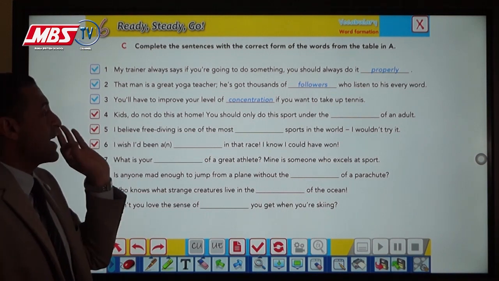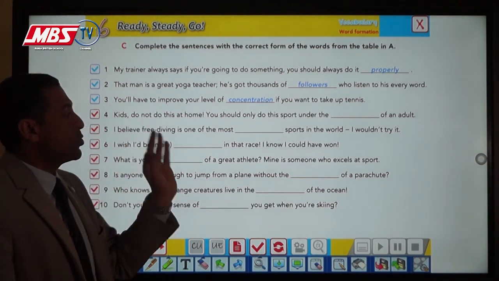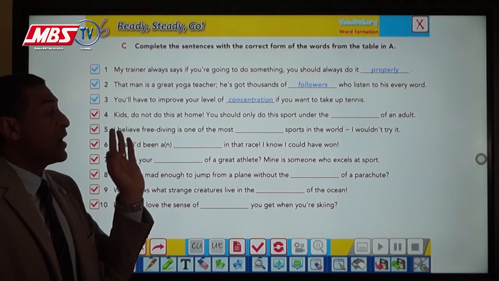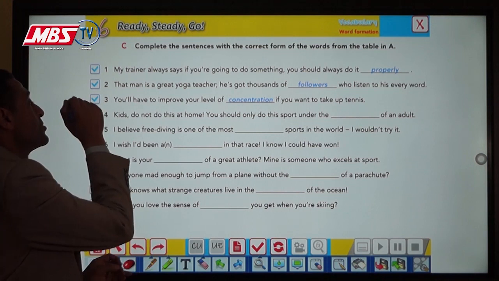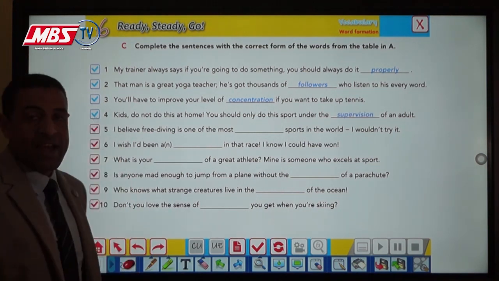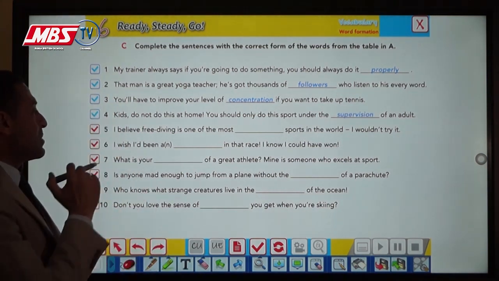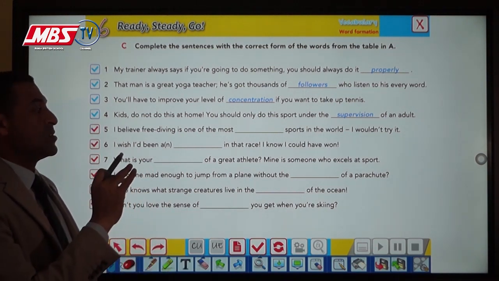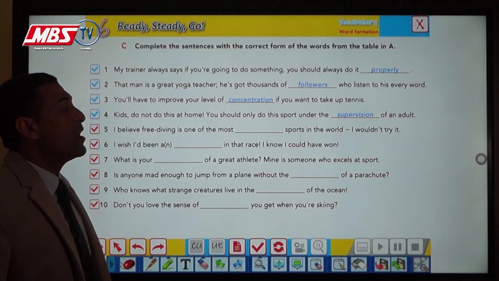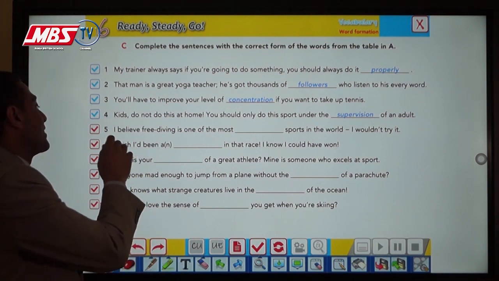Kids, do not do this at home. You should only do this sport under the supervision of an adult. So here, supervision of an adult. I believe free diving is one of the most dangerous sports in the world. I wouldn't try it.